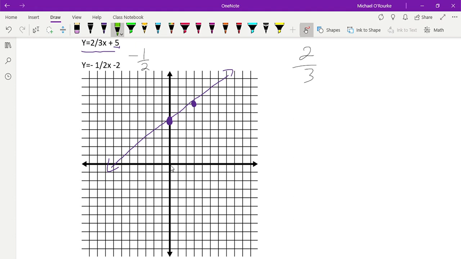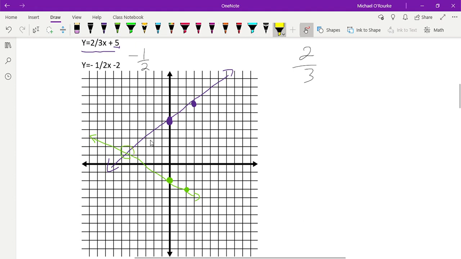So negative 2, negative 1 over 2. So down 1 over 2. Negative 4. Well, it's not going to be perfect because you guys aren't using rulers right now. So realistically, I'm around here.